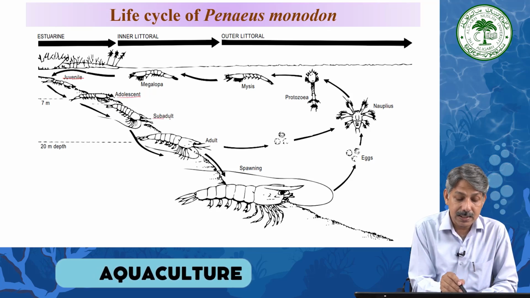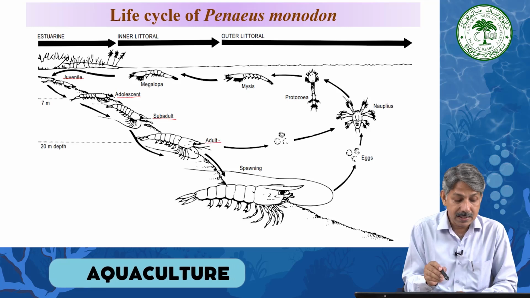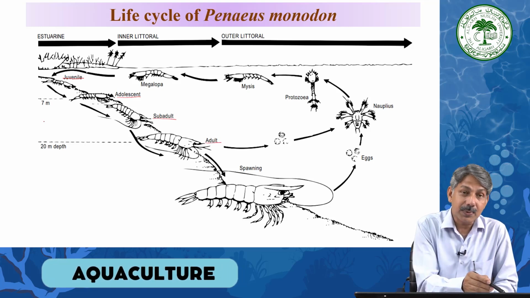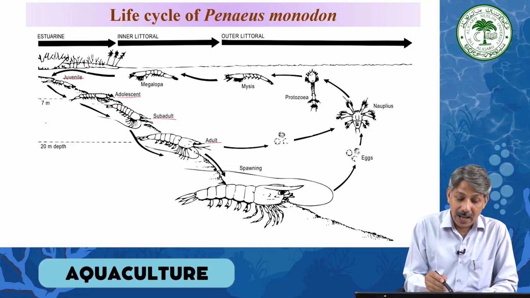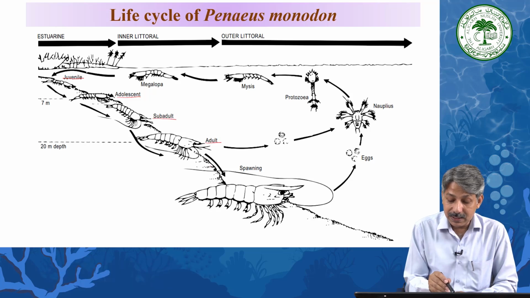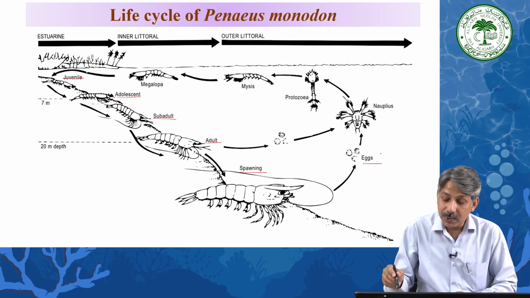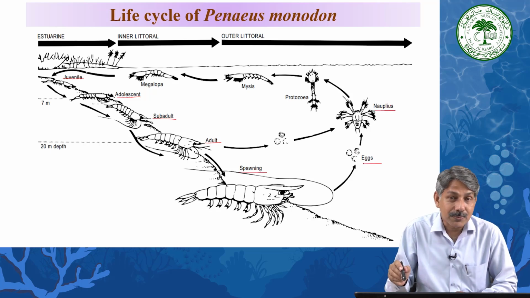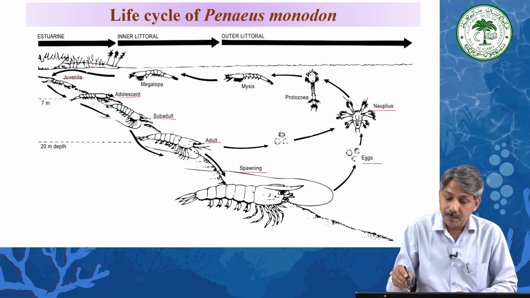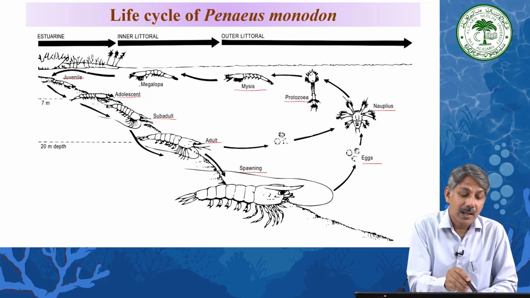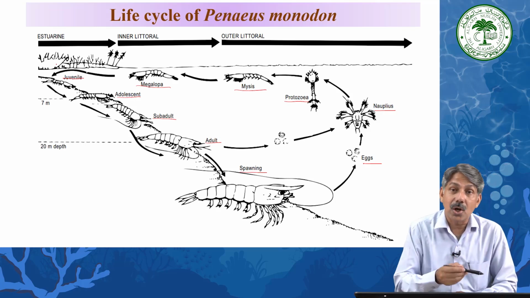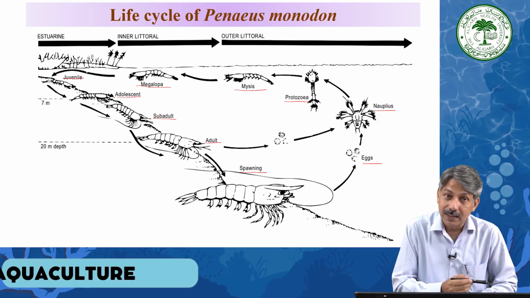adolescent stage, then sub-adult stage, adult stage, and here depth has also been shown. When the adult stage spawns, then eggs, and from the eggs, nauplius stages emerge. Then we have many protozoea stages, mysis, then megalopa or PL stages, which are stocked for further rearing.